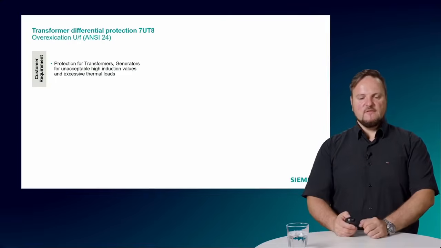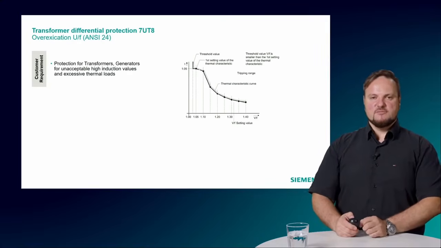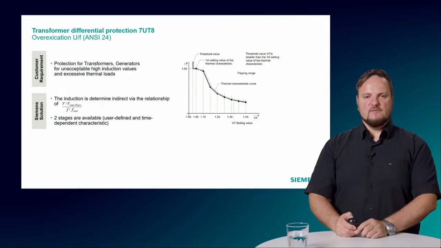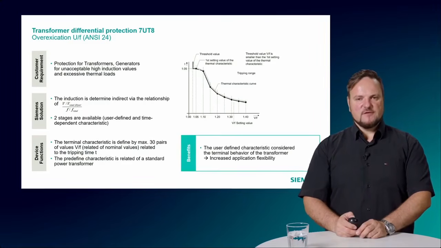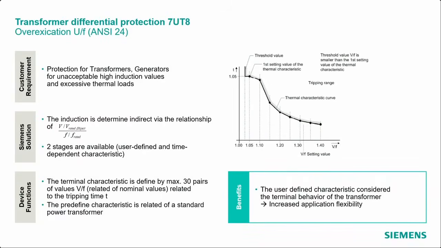Then, of course, besides the overexcitation blocking, we also have an overexcitation function implemented here in the 7UT. You can use that functionality, so we now have 2 different kinds of function. We have a defined stage, and of course a user-defined stage, which can be set to your needs.